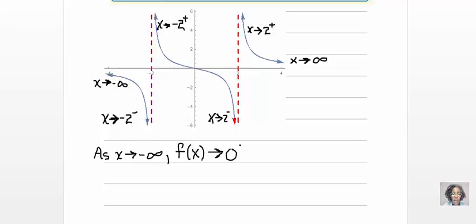And actually, these are going to 0 from below.